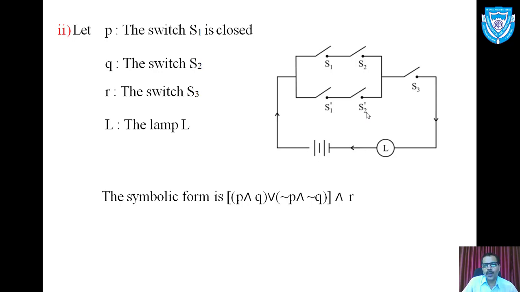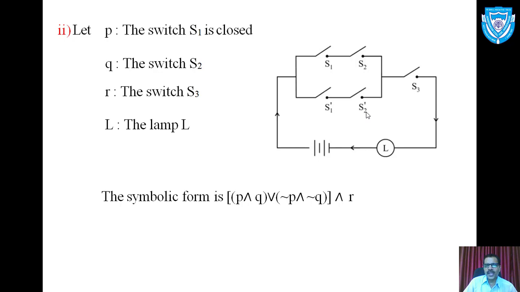So for the loop of the switches S1, S2, the corresponding compound statement is P and Q. For the loop of the switches S1 dash, S2 dash, the corresponding compound statement is negation of P and negation of Q. And for the loop containing only one switch S3, the corresponding compound statement is R only.